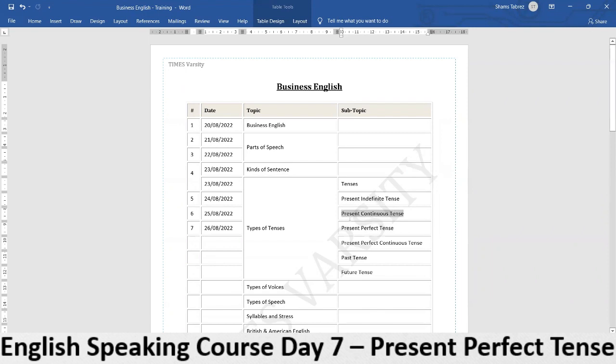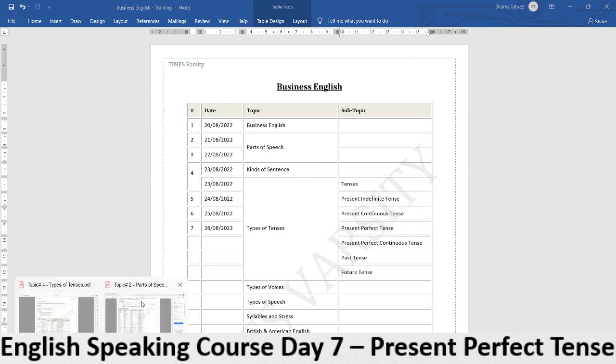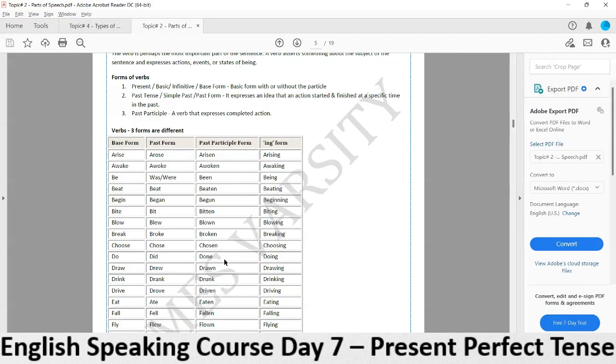Similarly, in present continuous, the ing form was used, whether it was affirmative, negative, simple question, or WH question. Similarly, here in present perfect tense, the third form of the verb will be used, whether it is affirmative, negative, simple question or WH question.